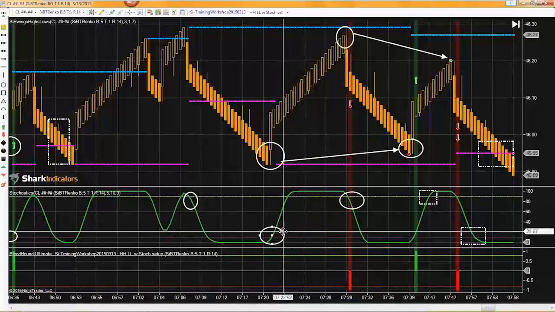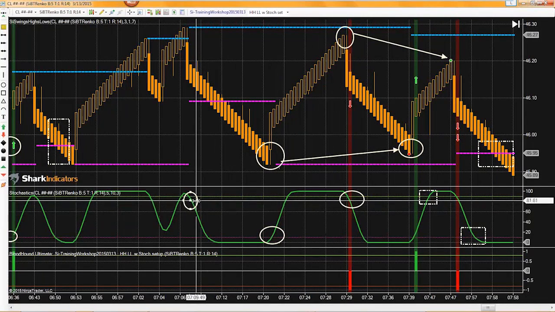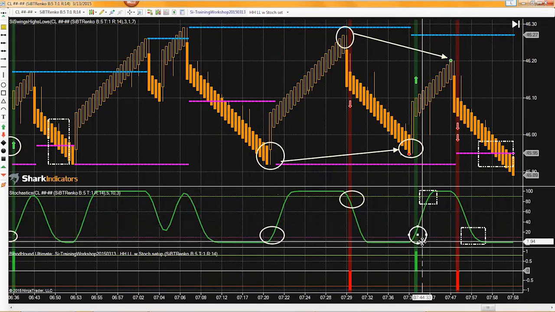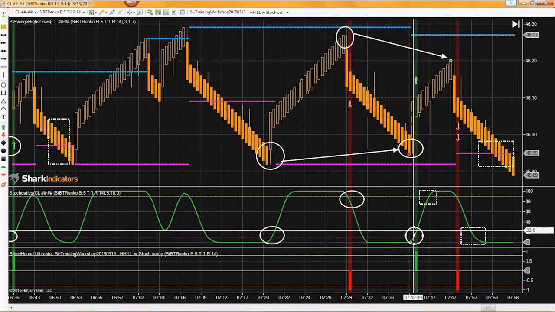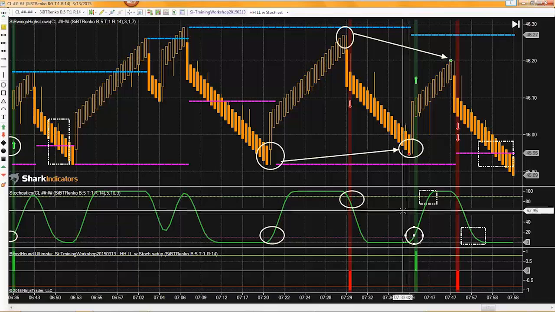All right, so we got condition 1, condition 2, and condition 3 for a long trade setup, and we got a long signal.